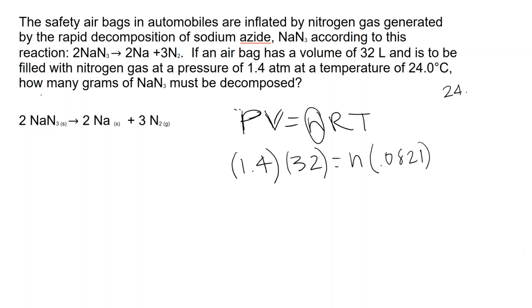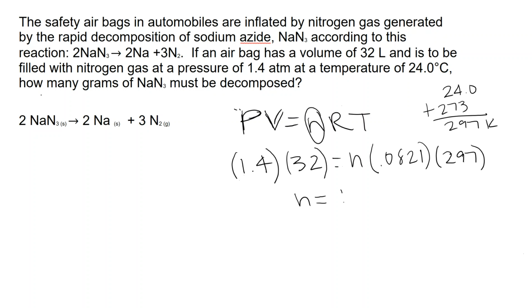Because we are given 24.0 degrees Celsius, we need to add 273 to give us 297 Kelvin. We plug that into our ideal gas law equation, and then we solve for N.